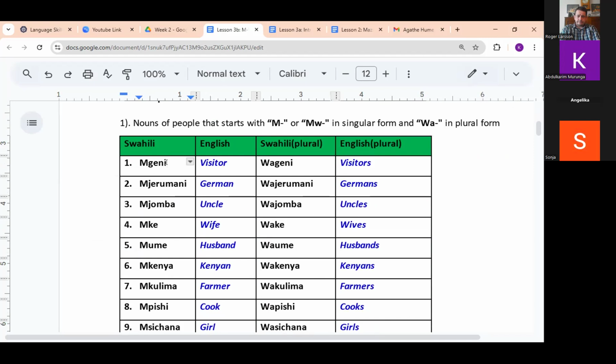Tuangalie hapa. Kaka Roger, you can read the singular form 1 to 5, while Angelica reads the plural form 1 to 5. Mgeni, wageni, Mjerumani, Wajerumani, Mjomba, Wajomba, Mke, Wake, Mume, Waume. Asante, vizuri sana.